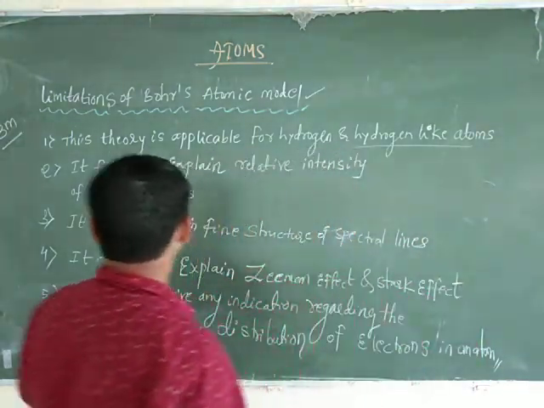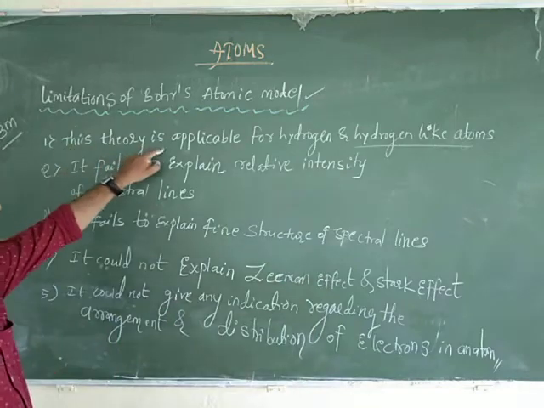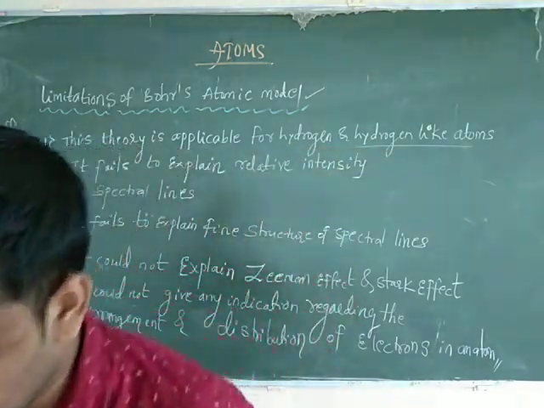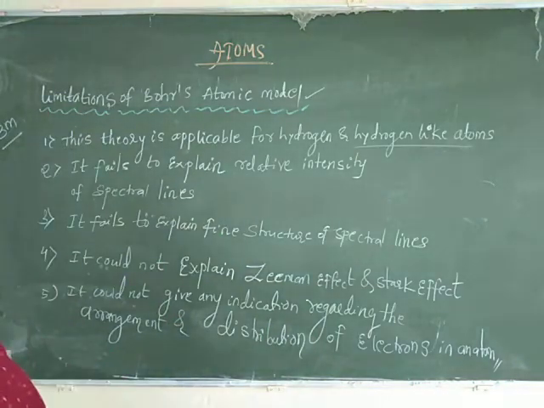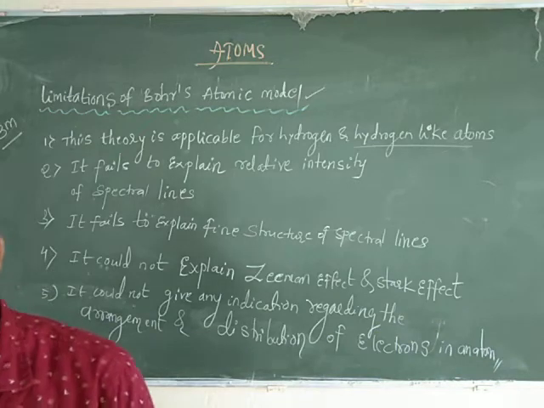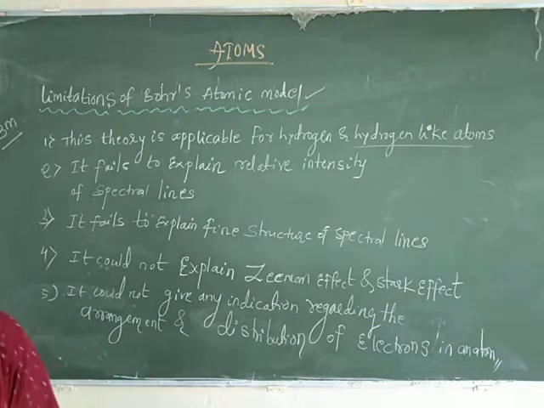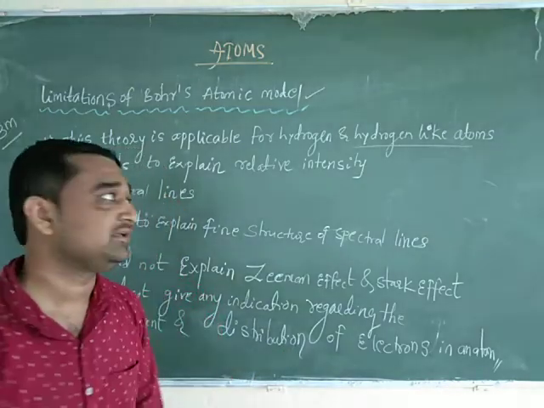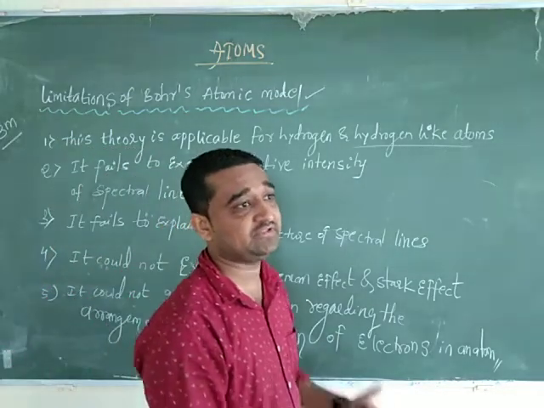So in this way, this theory is applicable only for hydrogen and hydrogen-like atoms, and Bohr's theory explains the spectra of these simple atoms, and it fails to explain the spectra of complex atoms. Right? It fails to explain the spectra of complex atoms. That means what?